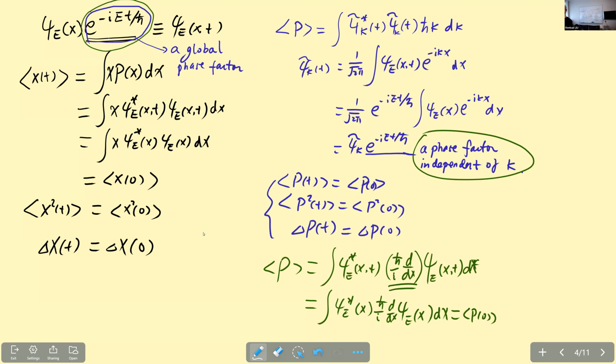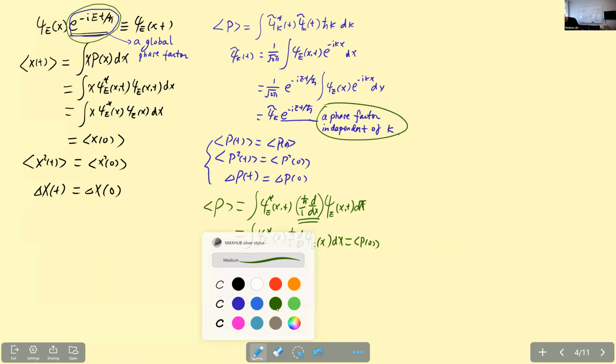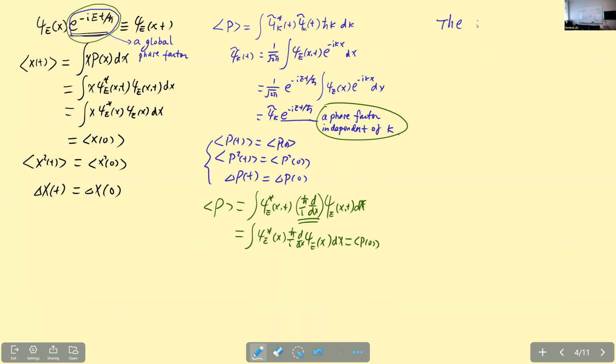And you can ask, now how about the other quantities, right? You can do the same thing for all other quantities, okay? For example, you can have x to the power of four if you want, or you can measure the potential, for example. So any combination of this one, you put any operator right here, okay?